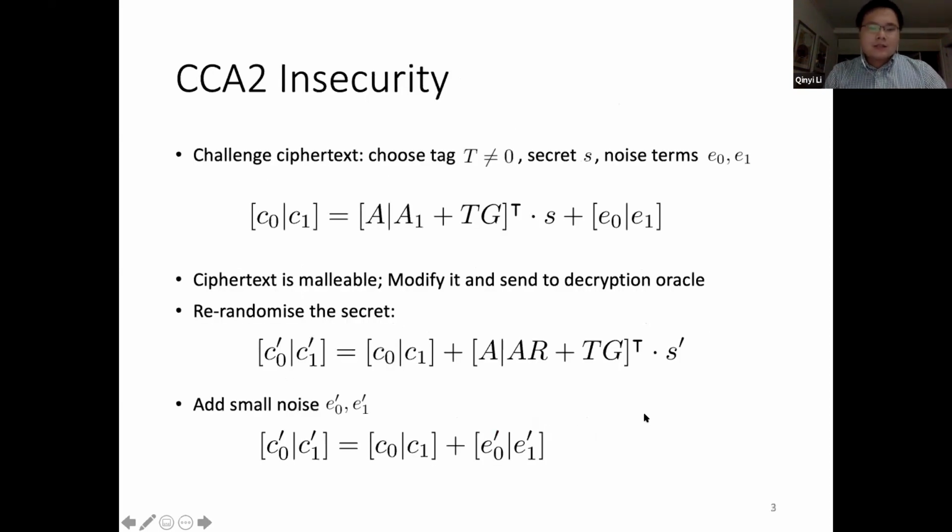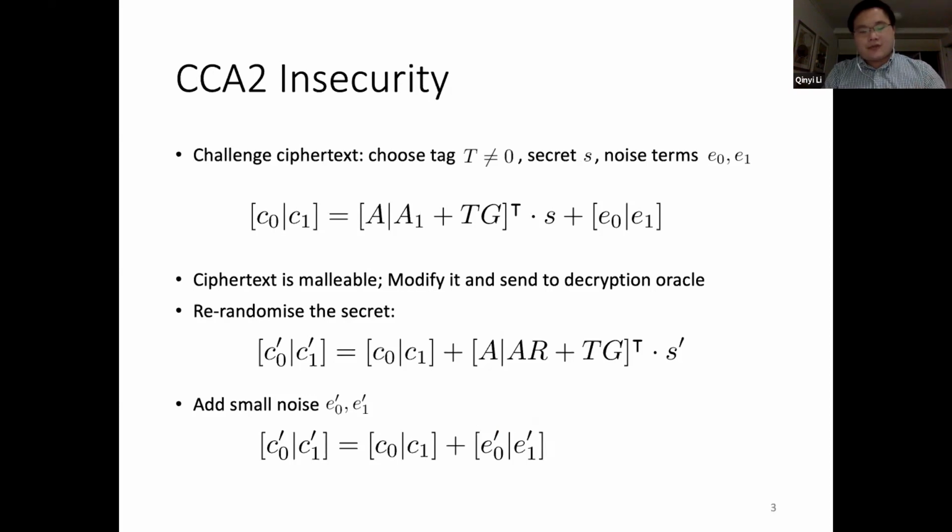However, it is not CCA2 secure, or not adaptively chosen ciphertext secure. It's because the ciphertext is essentially malleable. If you look at the ciphertext, the attacker can try to modify it and send the modified challenge ciphertext to the decryption oracle, and the security proof has to stop.